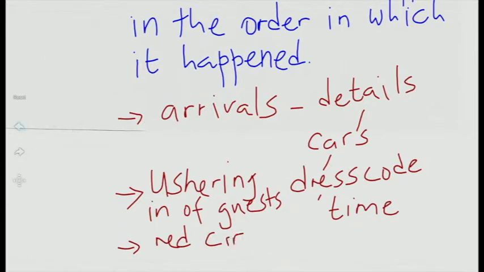And even after that, maybe the activities themselves. So this is the chronology in which the events or the activities took place. You want to follow that so that the reader is with you throughout.